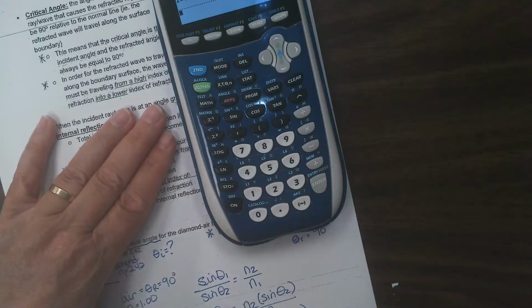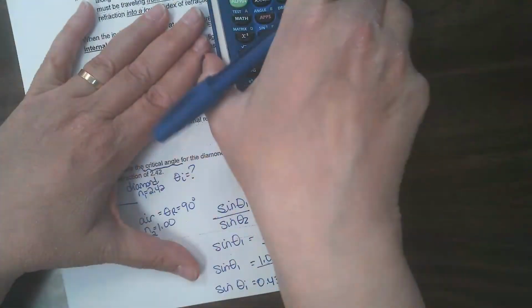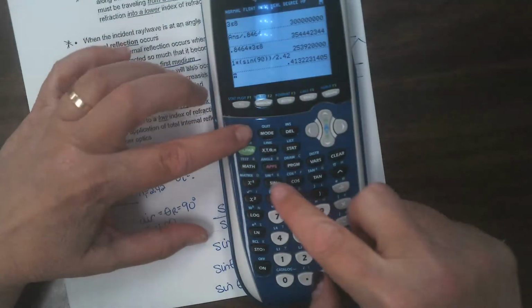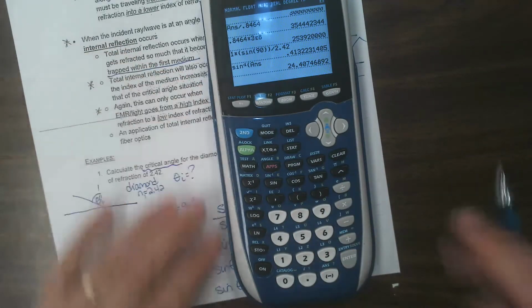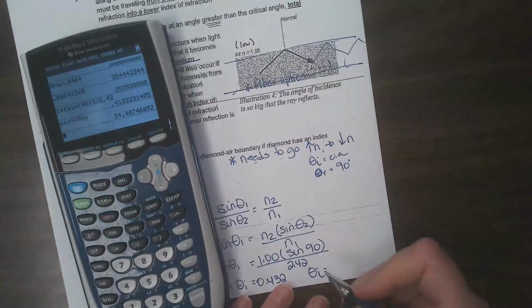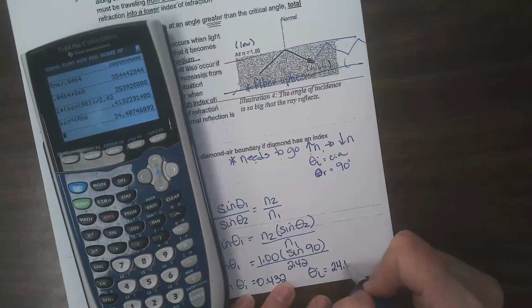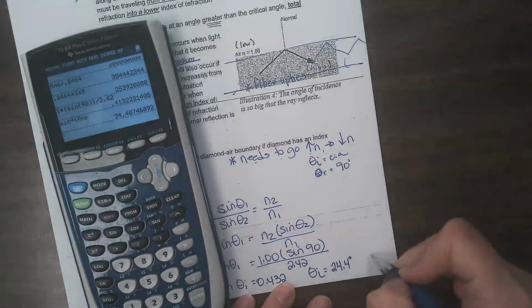So this is the sine of the angle, 0.4132, which means that theta must be equal to, second answer, 24 degrees. This is the critical angle.